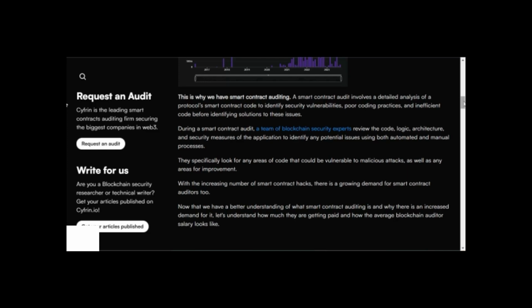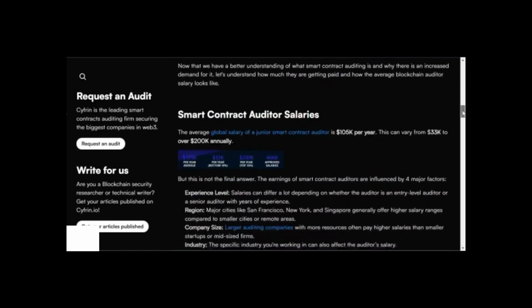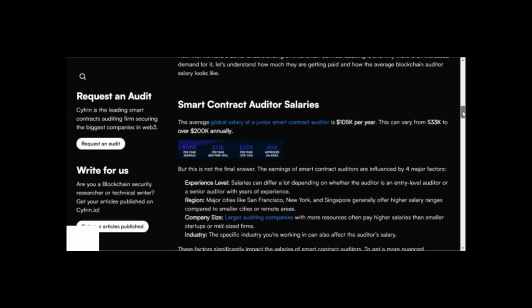So a smart contract auditor is going to review the code, logic, architecture, and the security measures of these platforms to help them get more secure. It's really important to understand that. So now that we've seen that, what are the smart contract auditor salaries out there?